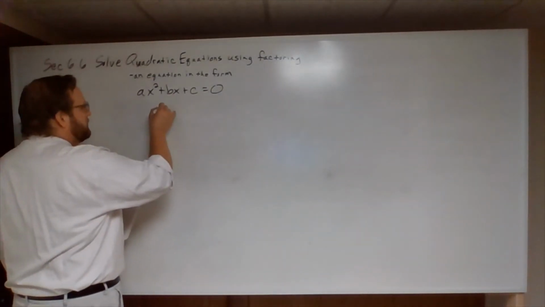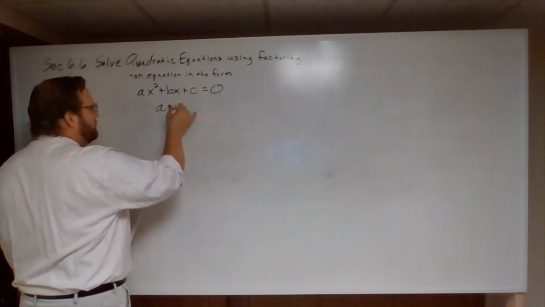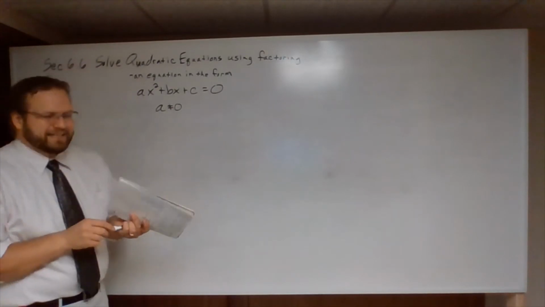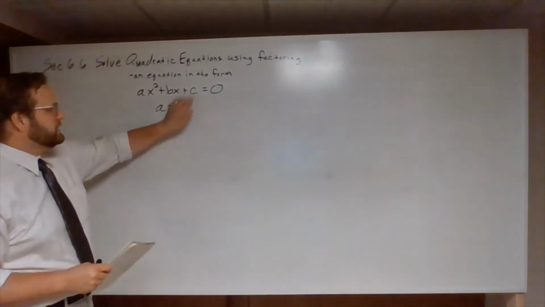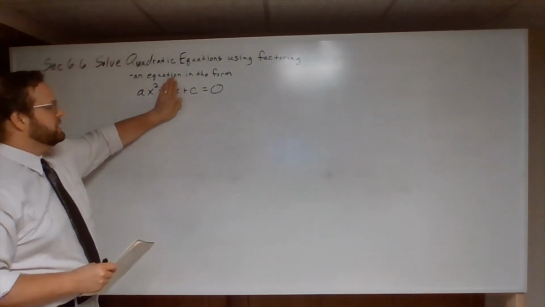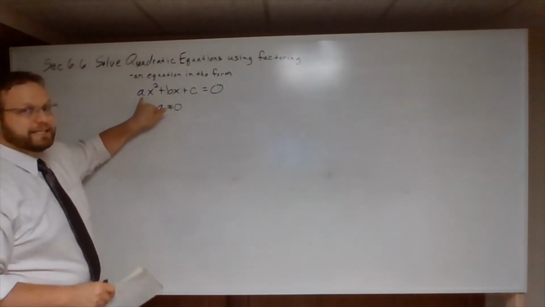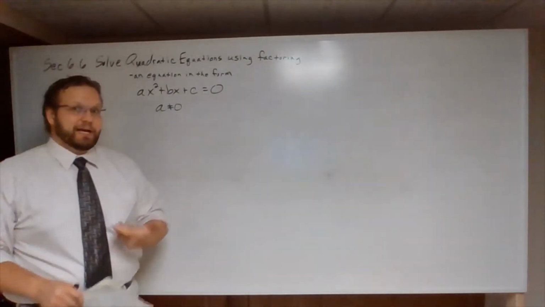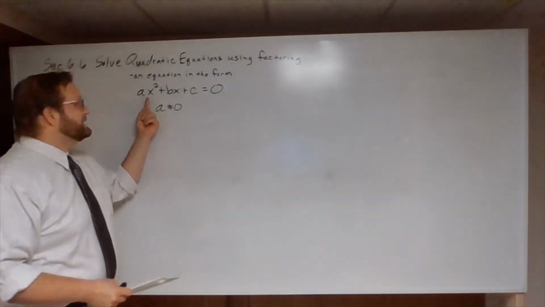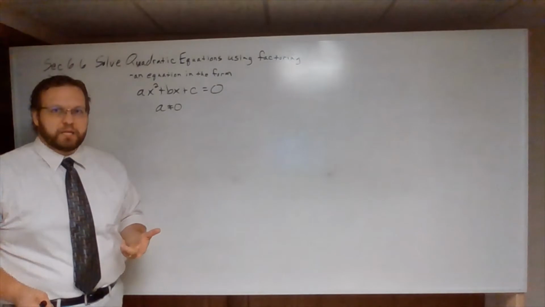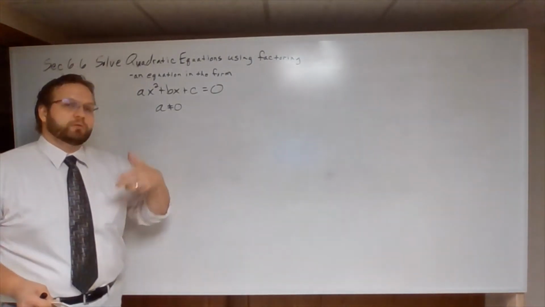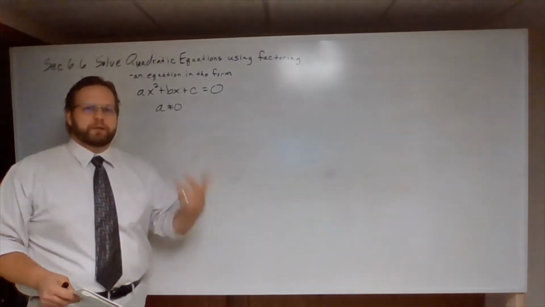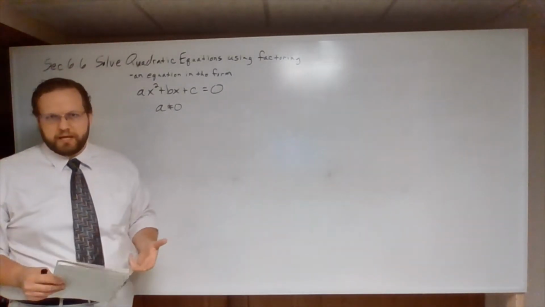But what's key here is a cannot equal 0. Okay, now what does that tell you? Only a cannot be equal to 0. Okay, c, that can be 0. B can be 0, but this cannot. So what makes a quadratic an actual quadratic is the existence of this x squared term. Okay, and that's where we're going to be using factoring to break that thing down into a solvable, regular variable equation that we've seen in the past.